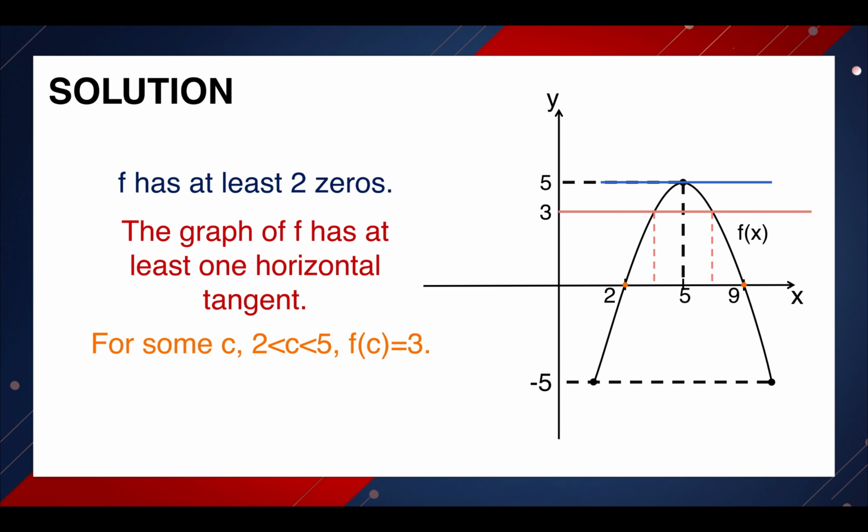And also, it is sure that for some c, 2 is smaller than c and c is smaller than 5, f(c) is equal to 3. Because we know that f(2) is equal to negative 5 and f(5) is equal to 5, and 3 is a number between them. Since this function is continuous, there must be such a value c. And then the final answer is just E.